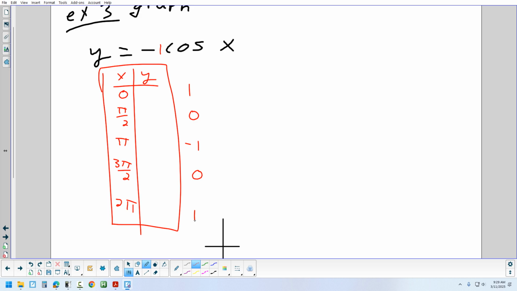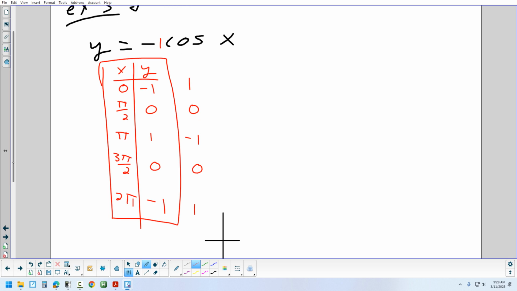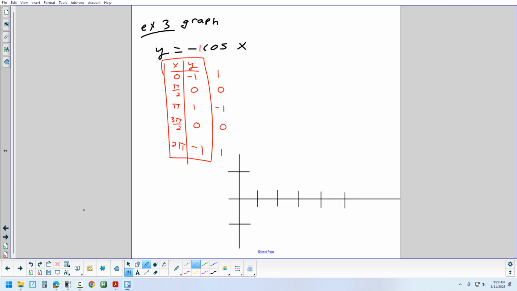And what are all of those going to get multiplied by? -1. Yep. So I'm just going to do it right here. So no change in amplitude, just flipping it. Okay. And that's it. That's your table. Any questions on the table?